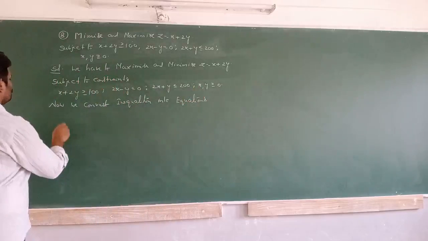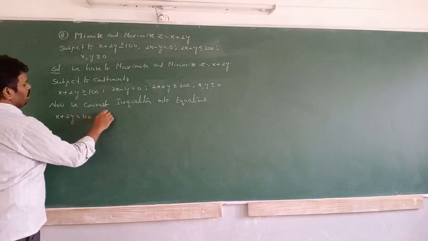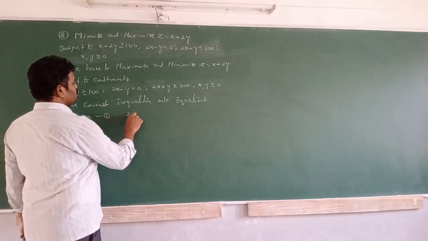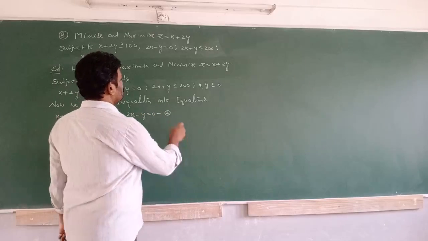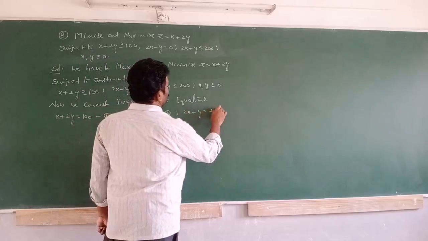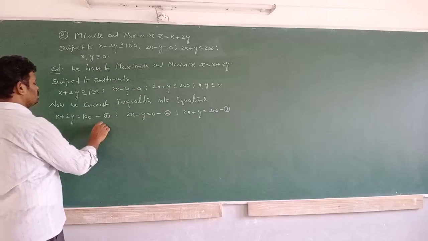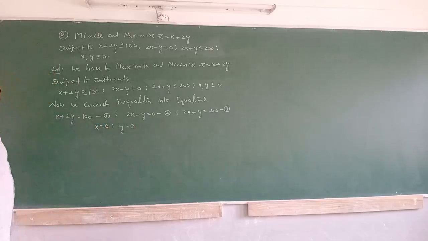So the first one, x plus 2y is equal to 100, is equation 1. The next one, 2x minus y is equal to 0, is equation 2. The next one, 2x plus y is equal to 200, is equation 3. Then x is equal to 0 and y is equal to 0. These are the line equations.